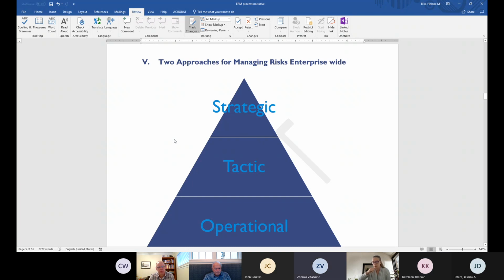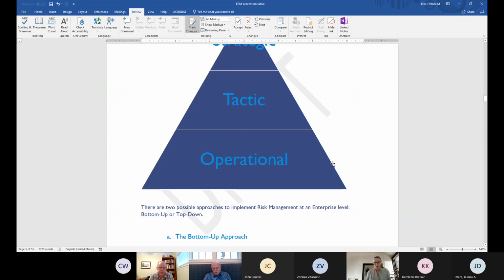In your organization, the definition of operational, tactic, and strategic might be different. That's why I didn't put anything on purpose, so everybody can layer their operational, tactic, and strategic levels as it fits their organization.